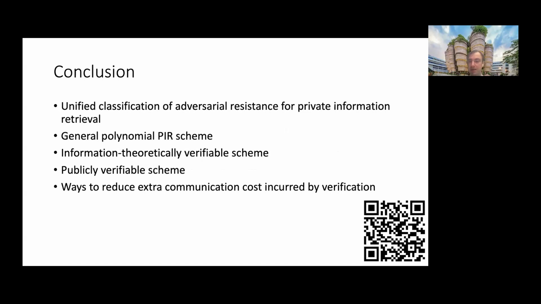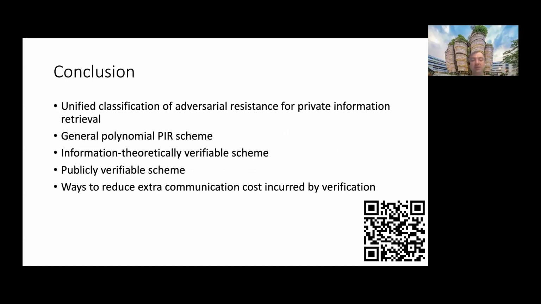That's all. In my talk, I presented a unified classification of adversarial resistance for private information retrieval protocols. I proposed a general polynomial private information retrieval scheme, which covers under the same umbrella different private information retrieval protocols, including protocols by Goldberg and Woodruff-Yekhanin.